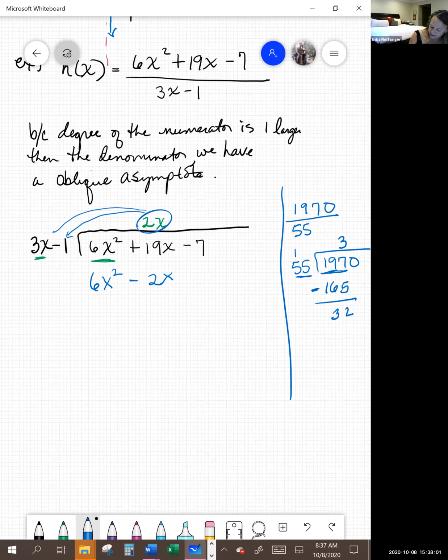We have to subtract everything off, and so think of it as distributing that negative. If we do that, this will now be a minus 6x squared. So that cancels, and it should, because that's what we chose this to do. And then here, distributing this negative, this is really now plus 2x. So 19x plus 2x gives us 21x.